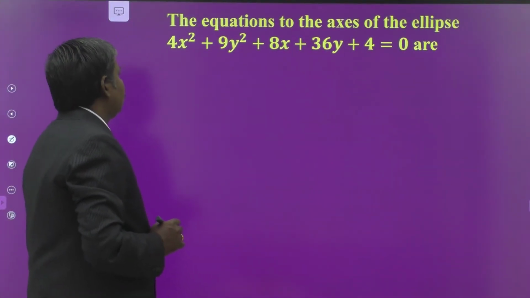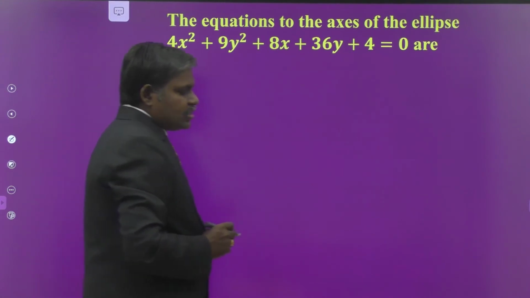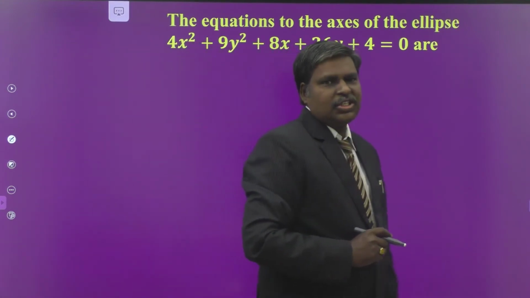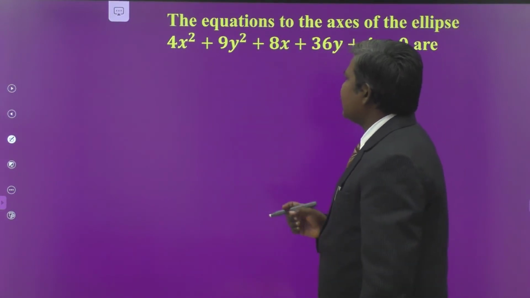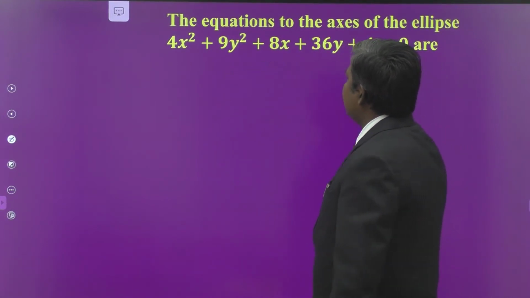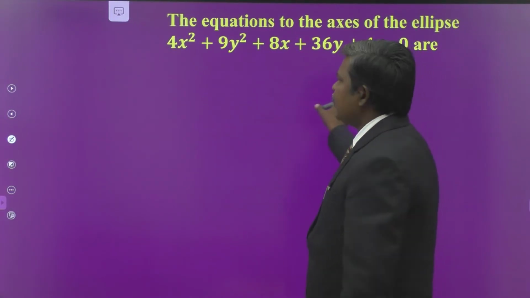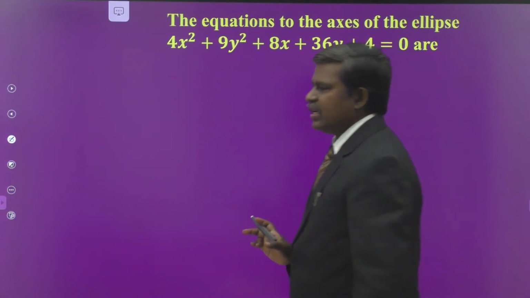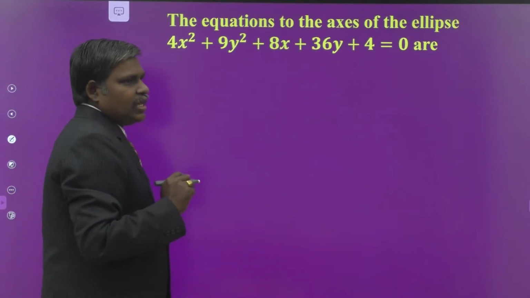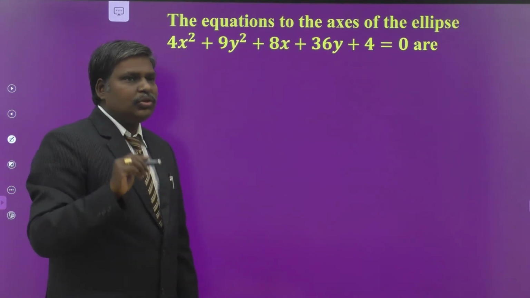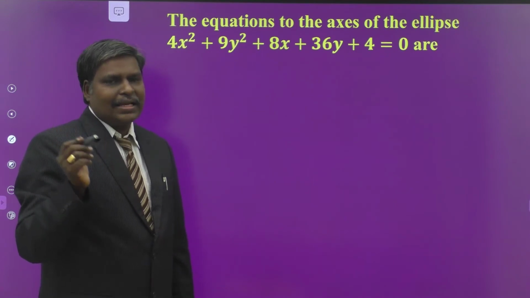This is the question. The equations of the axes of the ellipse are what? We just discussed it. The axes are obtained by the partial derivative with respect to x and partial derivative with respect to y. We get the axes. Suppose an xy term is there, there is no guarantee that those partial equations are axes.